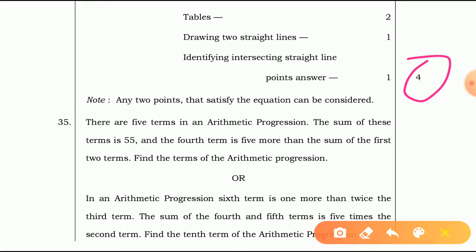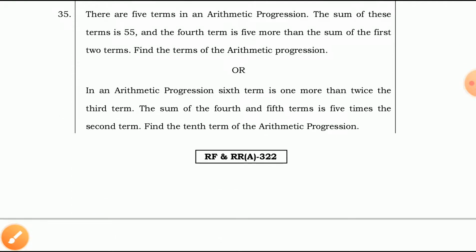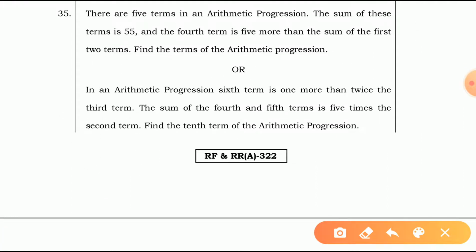Okay, question number 35. Here there are 5 terms in an arithmetic progression. The sum of these terms is 55, and the fourth term is 5 more than the sum of the first two terms.